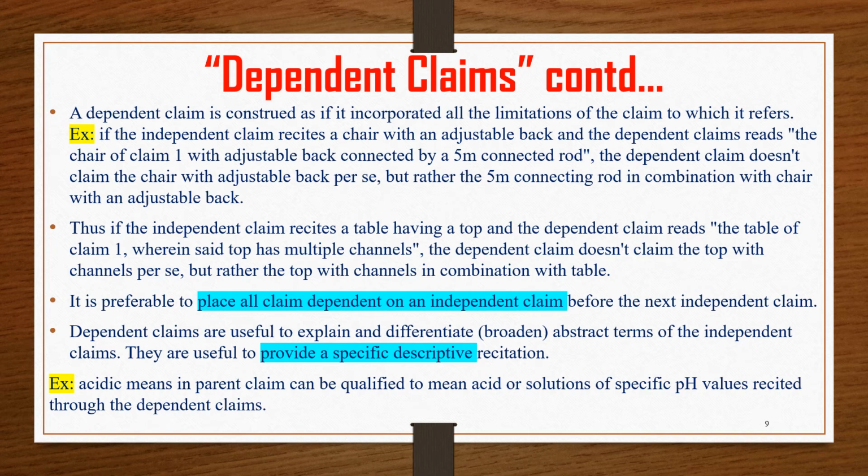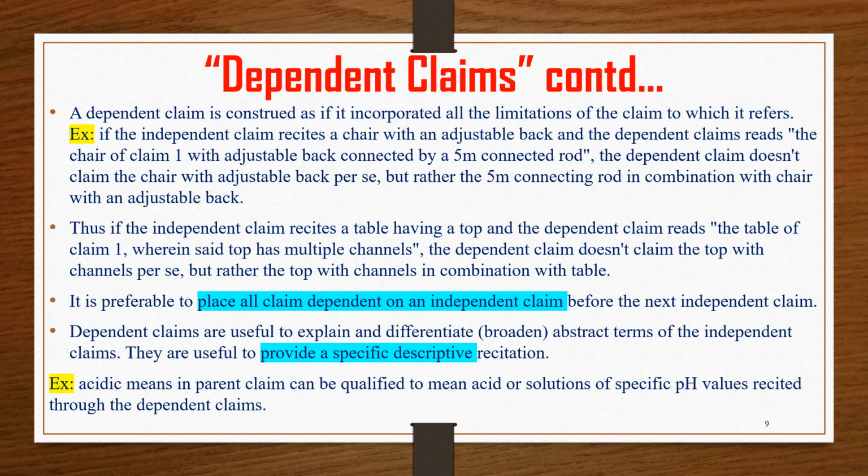That means we can say that this dependent claim provides the additional thing, that is the 5-meter connecting rod in combination with the chair with an adjustable back. That's why it is said that the dependent claim always refers to an independent claim. Fine.